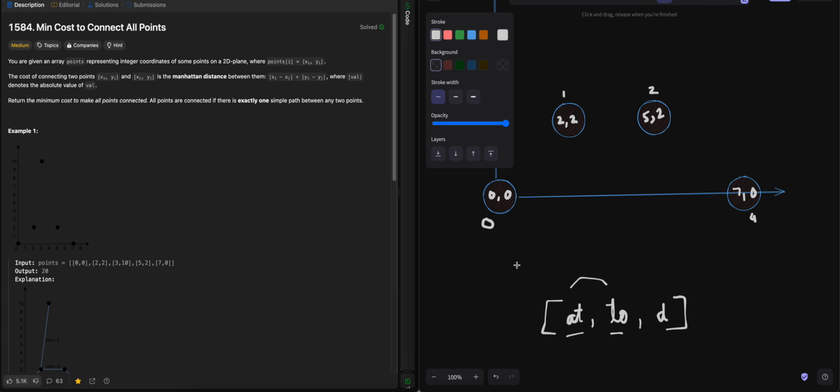Okay, so this is how I'm going to represent the edge. This is how my edge is going to look.